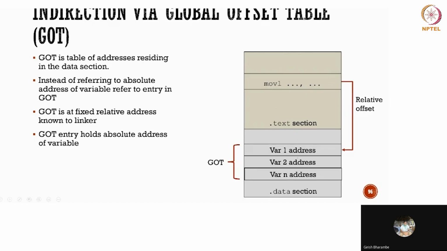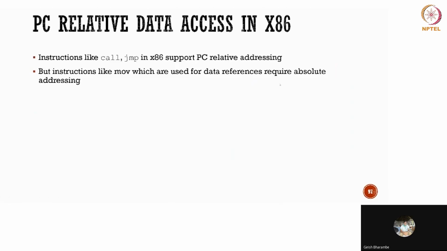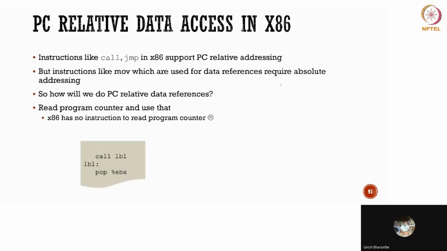And within that, you know where var1 is, so you can simply load that address. What you have avoided is the need for creating an absolute address reference in this text section.